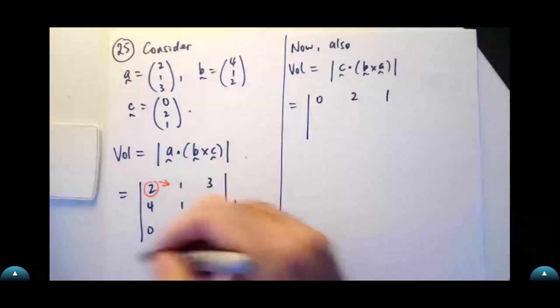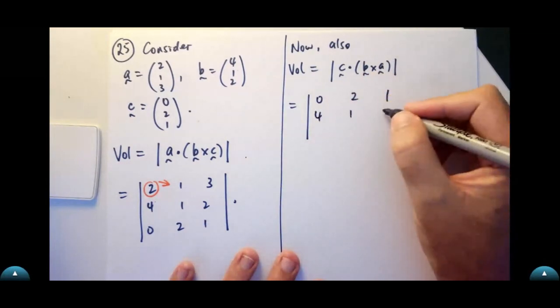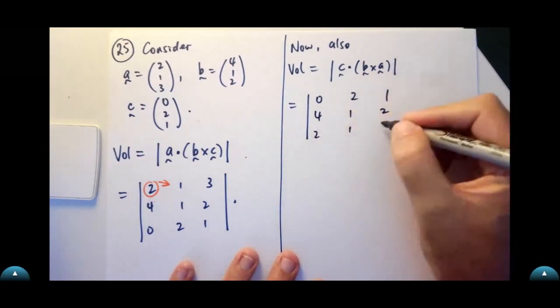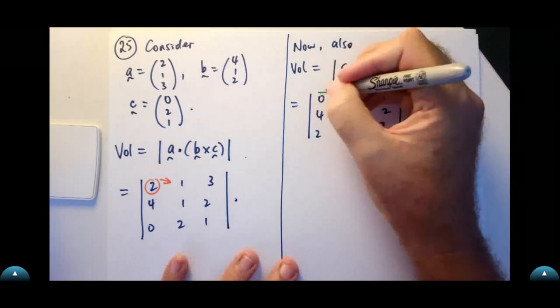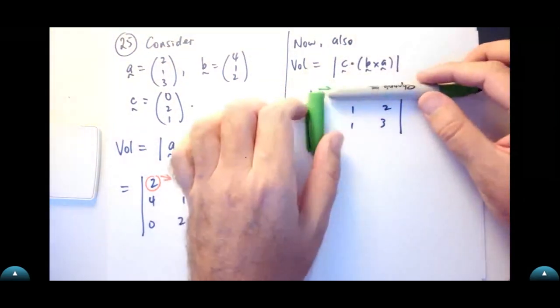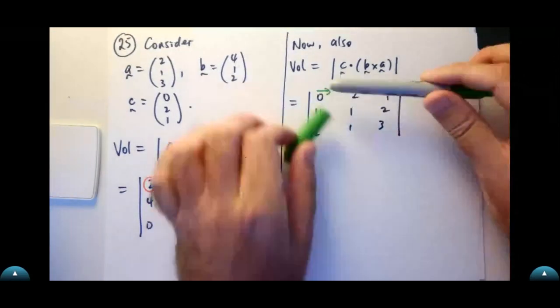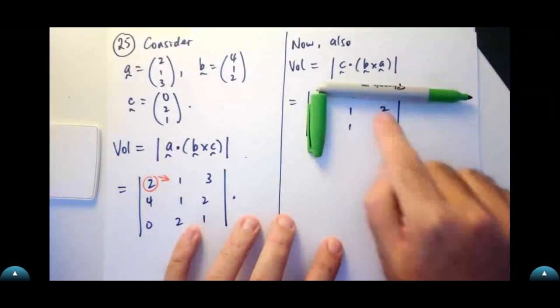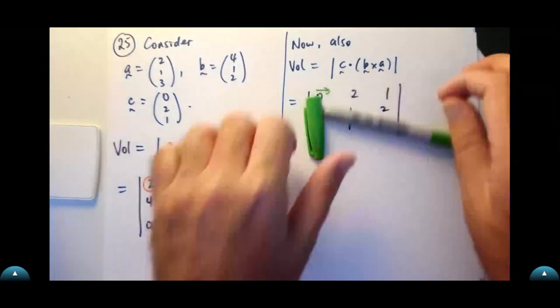You don't have to do it like this. You can do it like this, no problem. Having that 0 there is really nice, because if we expand along the top row, then 0 times that is always 0, right? It doesn't matter what these things are. If I've got a 0 up there and I'm multiplying it by that determinant, it's always 0.